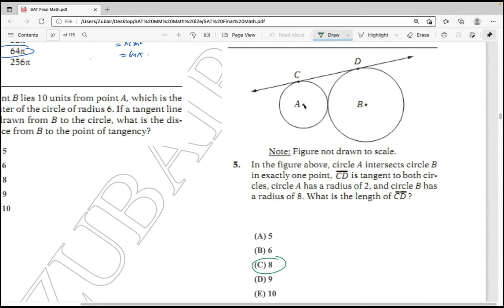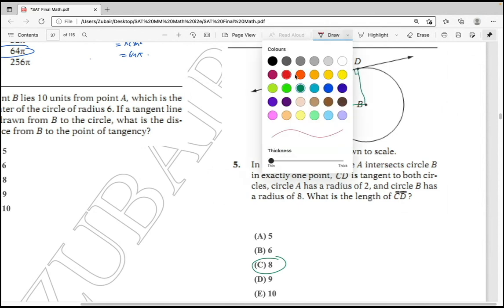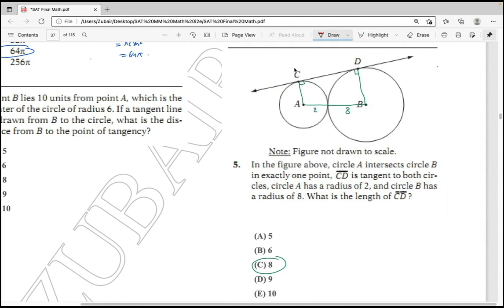The radius of the first part is given, that is 2. The radius of the second section is given, which is 8. If we just draw AC, that is going to be 90 because this is radius and tangent. And DB is again going to be 90, that is also radius and tangent. If I bring that line CD down, keeping it parallel, I'm mentioning this C dash and D dash.